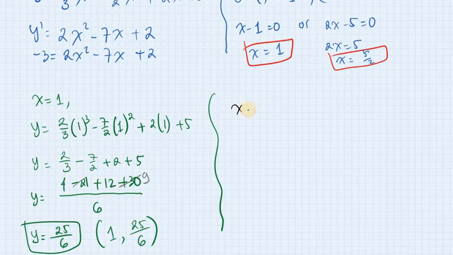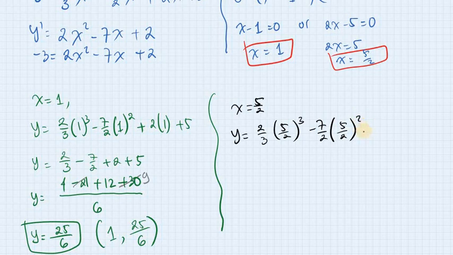When x equals 5 over 2, we will have y equals 2 over 3 times 5 over 2 to the power of 3, minus 7 over 2 times 5 over 2 to the power of 2, plus 2 times 5 over 2 plus 5.